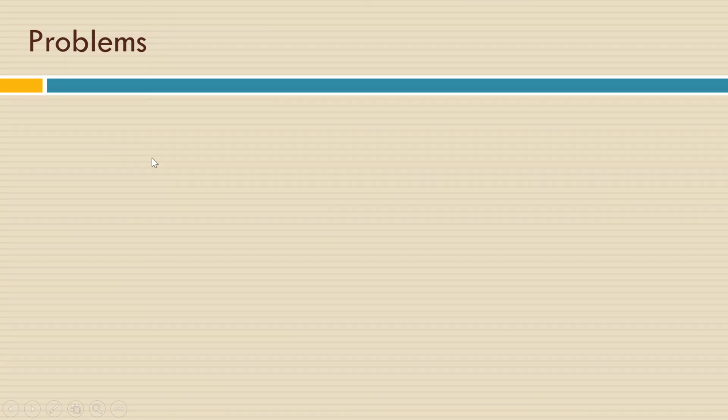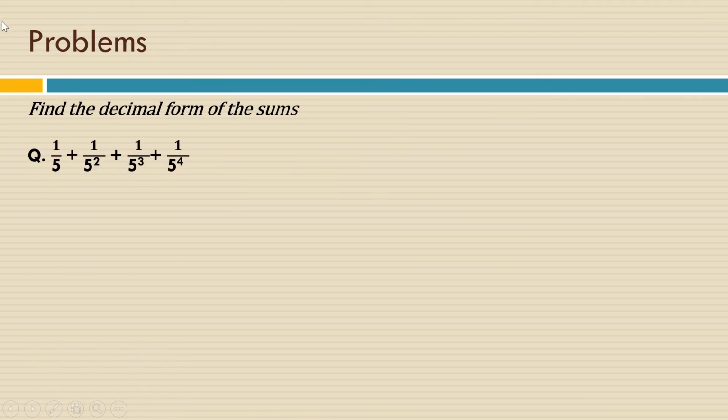Now we can discuss some problems. Find the decimal form of these sums. The first question is 1 by 5 plus 1 by 5 square plus 1 by 5 cube plus 1 by 5 raised to 4.